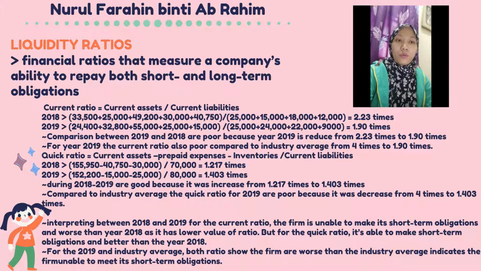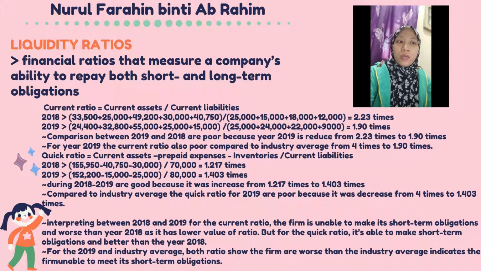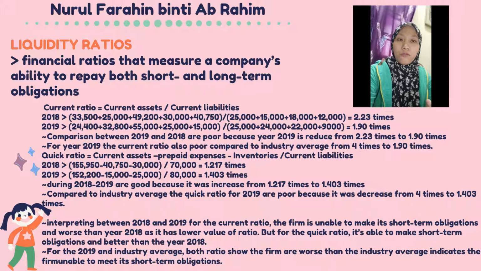But compared to the industry average, the quick ratio for 2019 is also poor because it decreased from 4 times to 1.403 times.